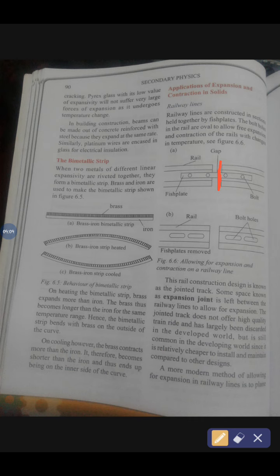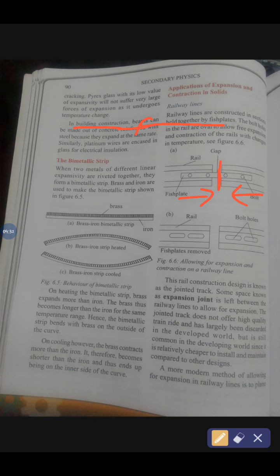Now when this rail expands in this direction and this rail also expands in this direction, they cannot meet because there's an allowance created by that gap. If they were meeting, say they meet during expansion, they will exert pressure on each other.